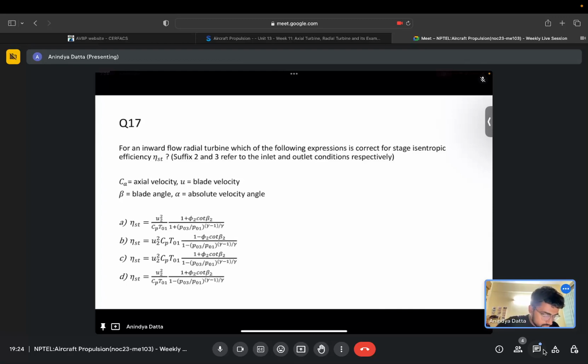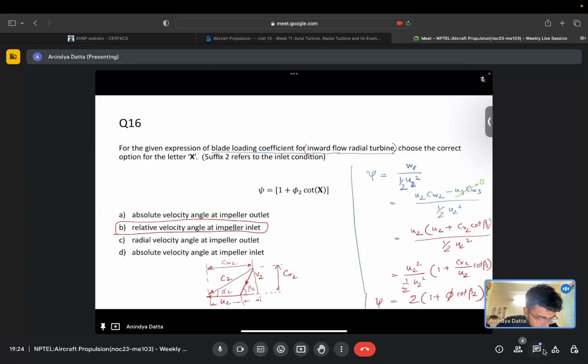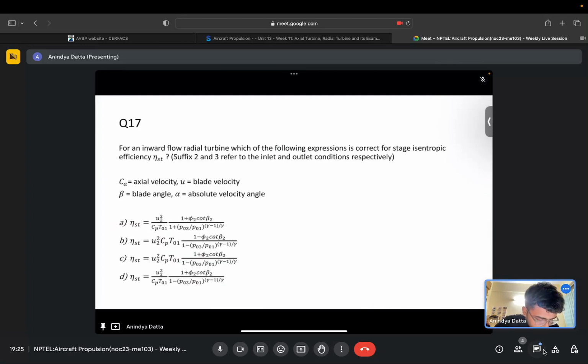So what is our specific work? That is U2 CW2, right? This is the specific work.